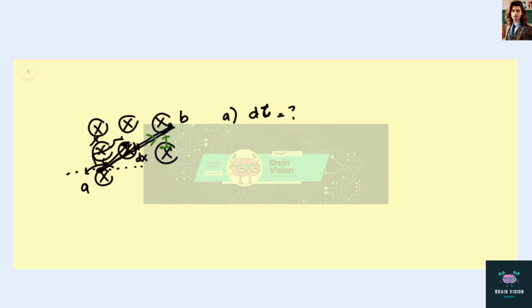If this is the direction of the current I, the force applied on dx would look like this from the right-hand rule. So our dF would be equal to I times B times dx. Then the torque would be x times this dF.